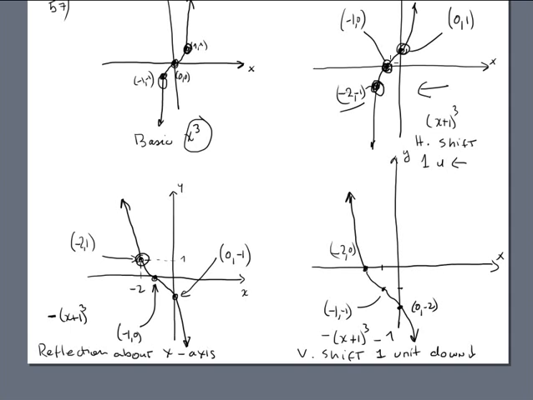This stays the same because it's 0 here and 0 has no sign. In this case, 0, 1 would be 0, negative 1 here. Okay, it's reflection. And finally is plus 1, or minus 1, sorry.